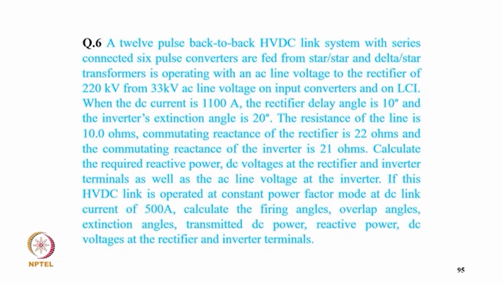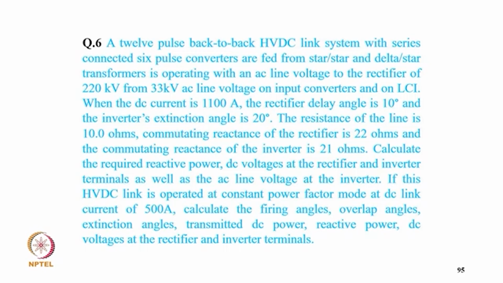Coming to numerical example 6. A 12 pulse back to back HVDC link with series connected 6 pulse converters fed from star-star and delta-star transformers is operating with an AC line voltage to the rectifier of 220 kV. When the DC current is 1100 ampere, the rectifier delay angle is 10 degrees and the inverter extinction angle is 20 degrees.